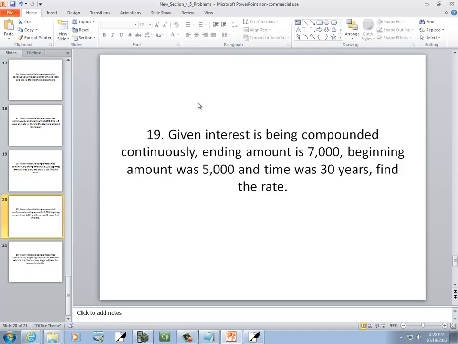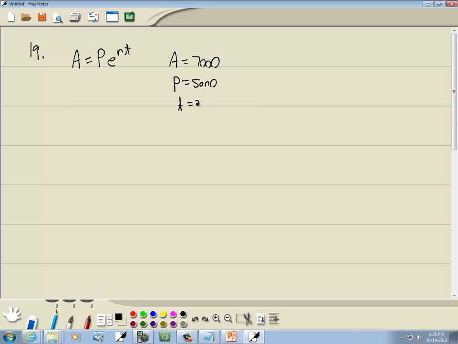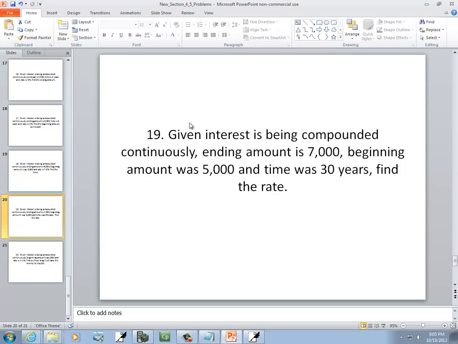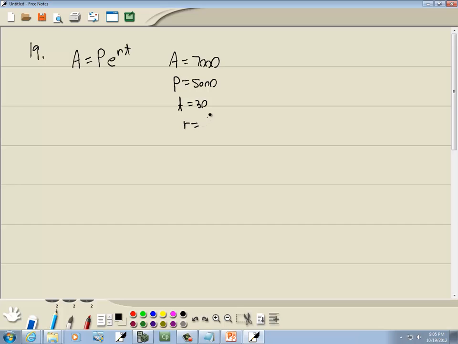Time was 30 years, so T is 30. They say find R, find the rate. Okay, so let's plug in what we got. 7,000 for A, 5,000 in for P, e to R we're trying to find, and T we know, T is 30. So this becomes 30R.